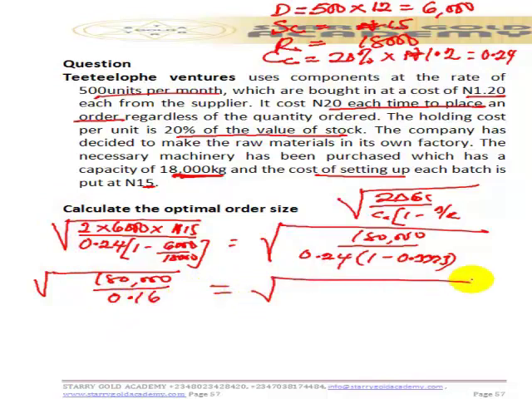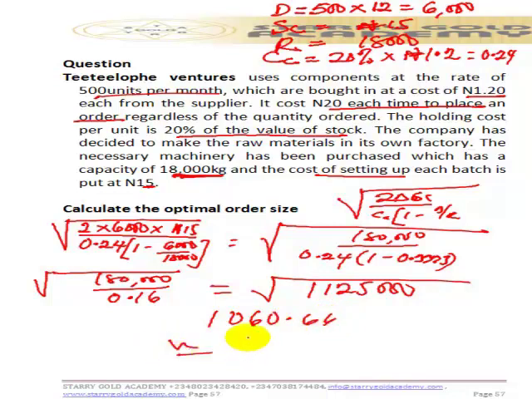That will give us, I decided to solve in steps, not jumping anything. So 180,000 divided by 0.16 will give us 1,125,000, and the square root of the answer, so that is 1060.66.